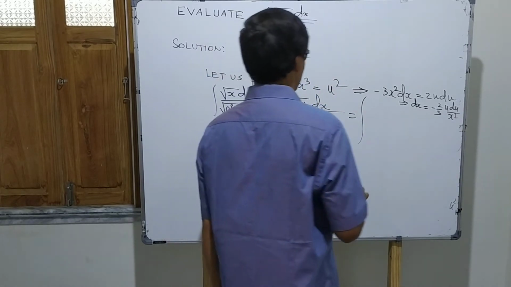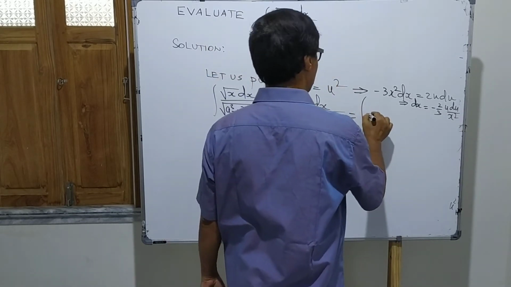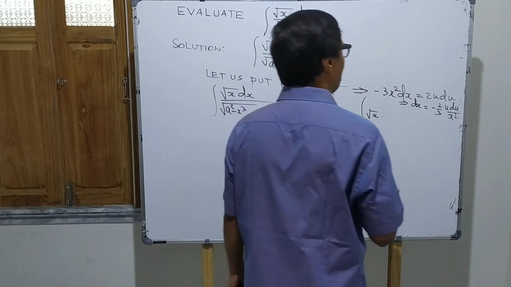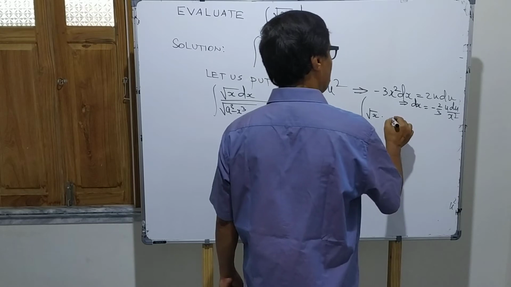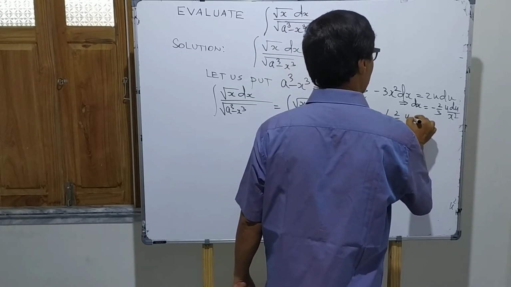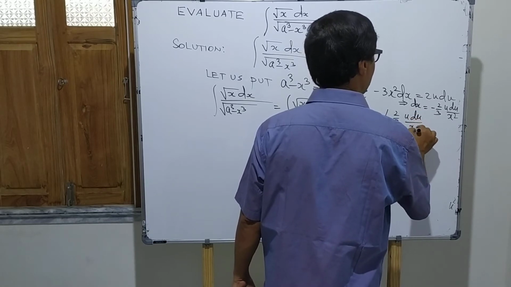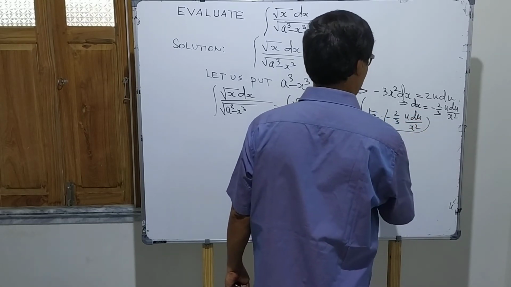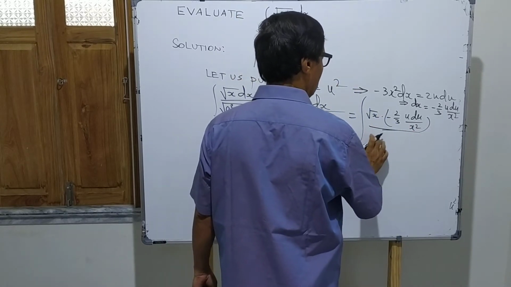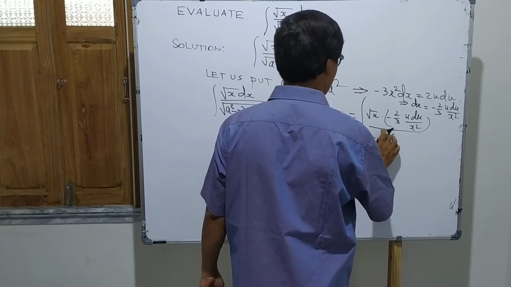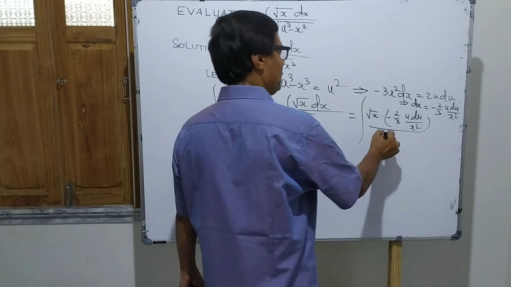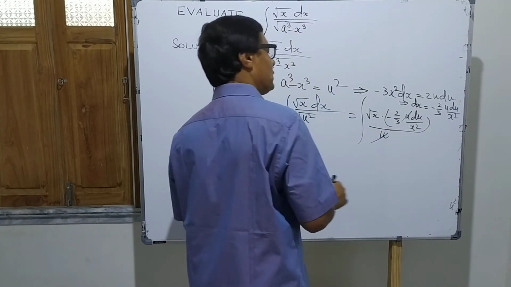We can put this, so we get square root of x dx, where dx is minus 2 over 3 u du over x square, over root u square, which is u. The square root is removed, and u is cancelled out.